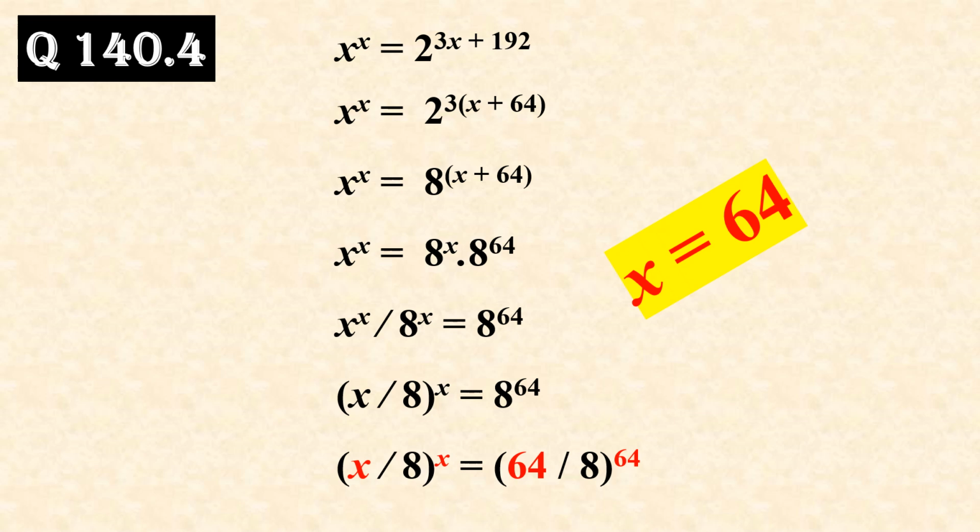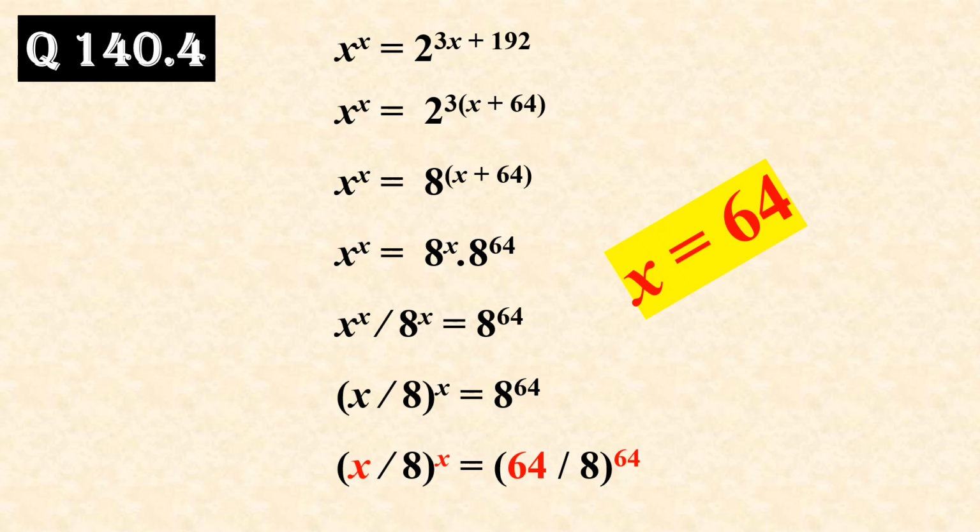Answer to question 140.4. On right side, exponent is 3x plus 192. Taking out 3 as common, we get base 2, exponent 3 into x plus 64. 2 power 3 is 8. So, 8 power x plus 64. This we split as 8 power x into 8 power 64.